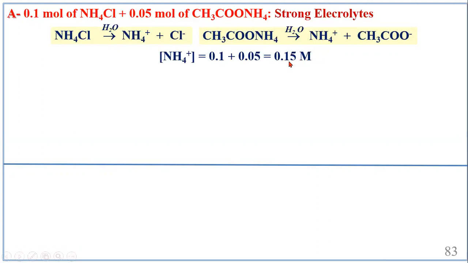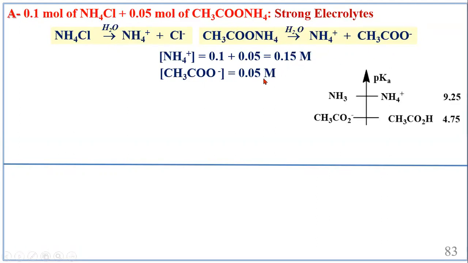So that's 0.15 molar. And my acetate ion will be 0.05, because there's nothing else other than that. So that's 0.05 moles divided by 1 liter solution.